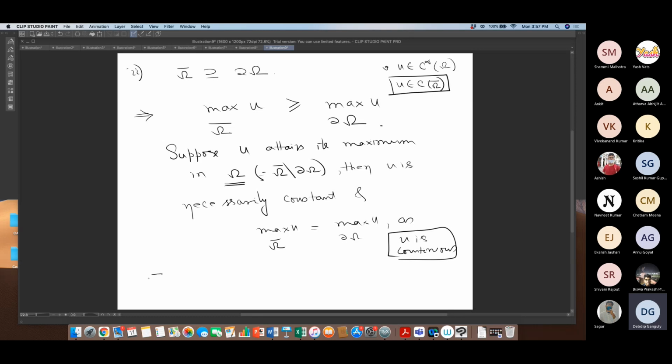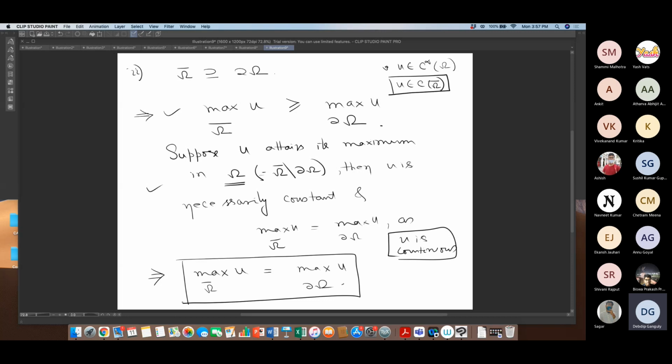So this immediately implies that the maximum has to be on the boundary, right? So one can write immediately, using this and this, that the maximum over omega closure is equal to the maximum over del omega. So the crux of the matter is, if U is a harmonic function, then its maximum will always be attained at the boundary.